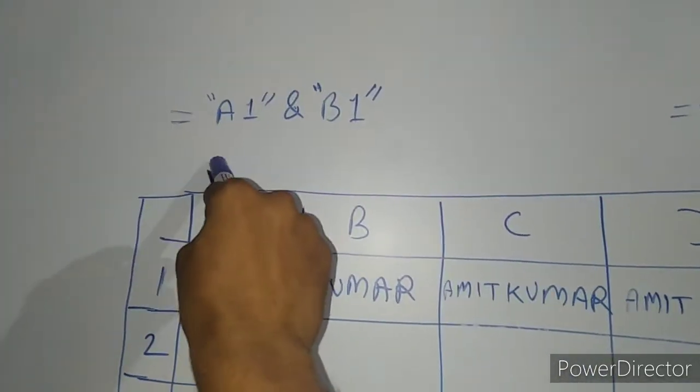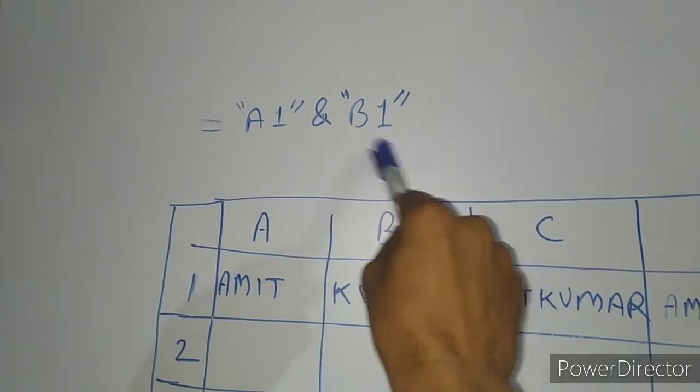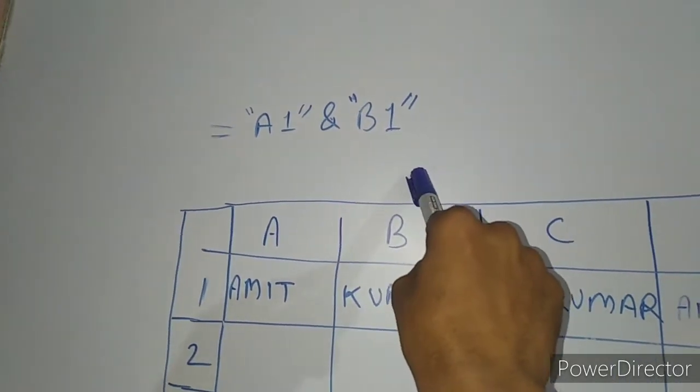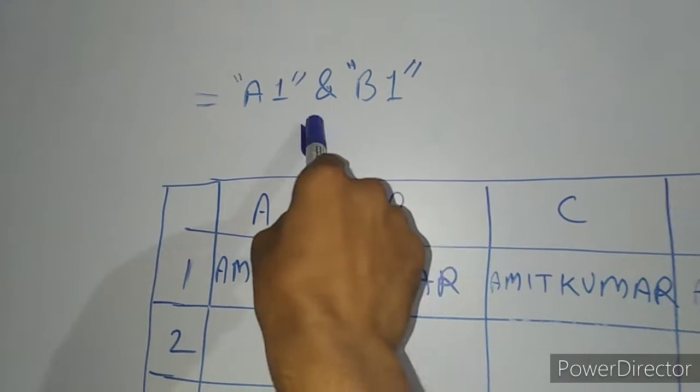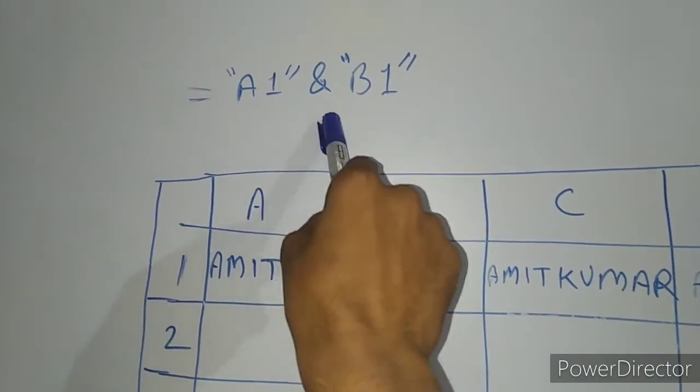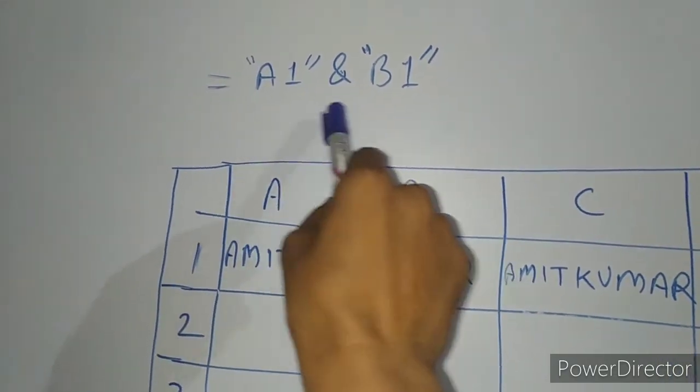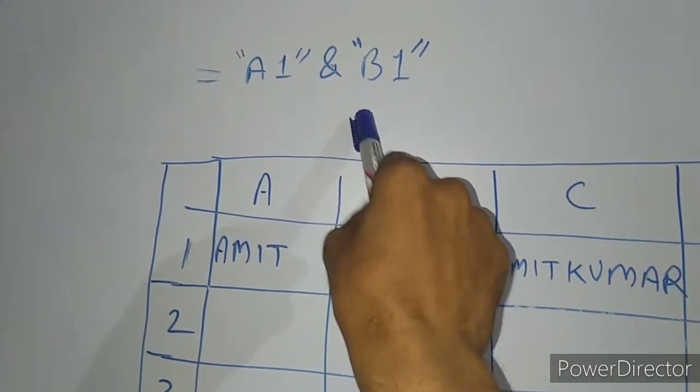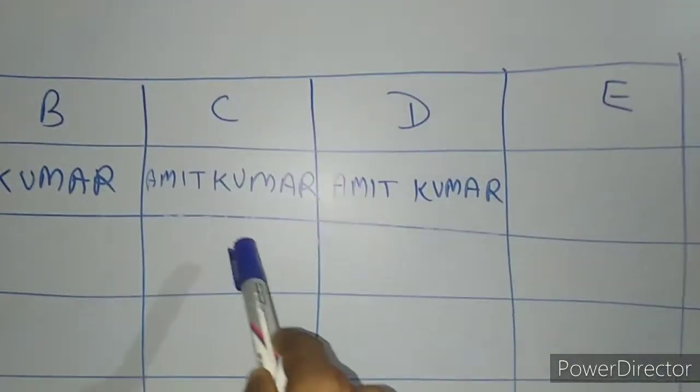But when we use the concatenation formula this way, no empty space will be there in the result, like this: AmitKumar.